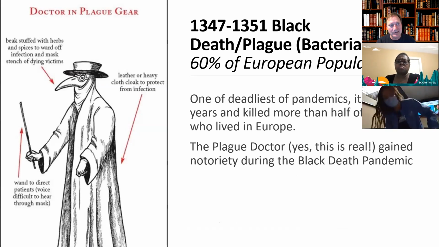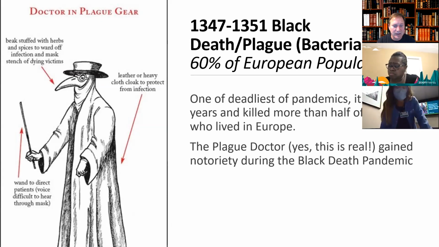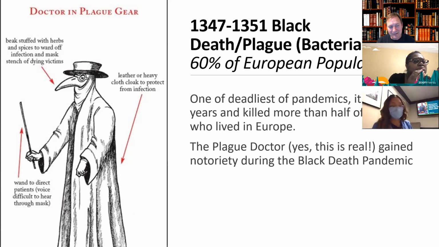This is the doctor and plague gear from the 1347 to 1351 Black Plague of Europe. Again, this is what PPE looked like 700 years ago. Okay, goggles, a hat, a cape, a wand to direct a patient, and a mask.